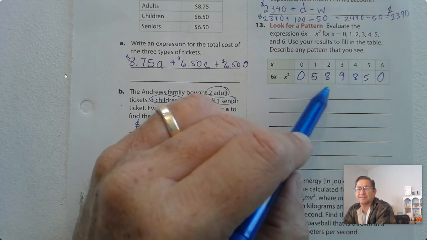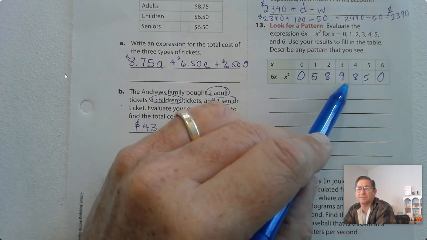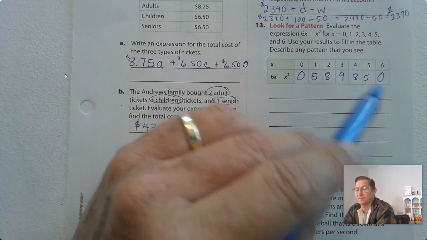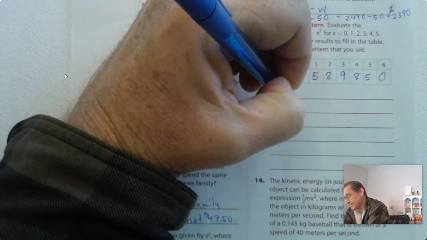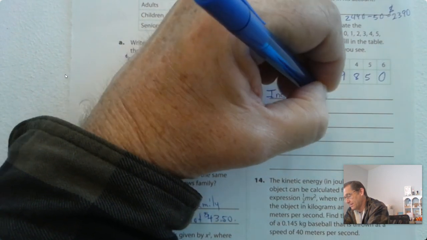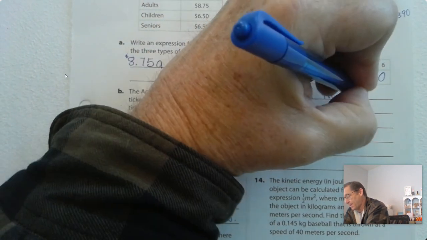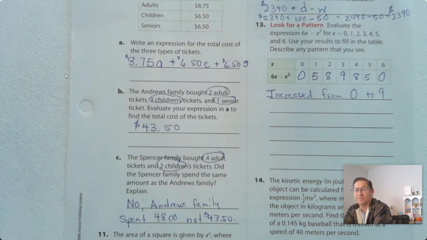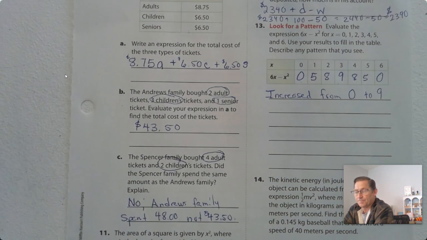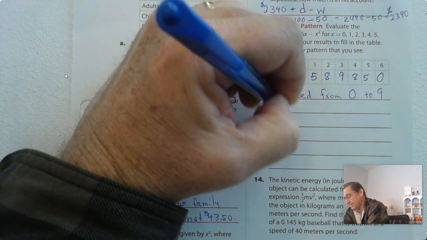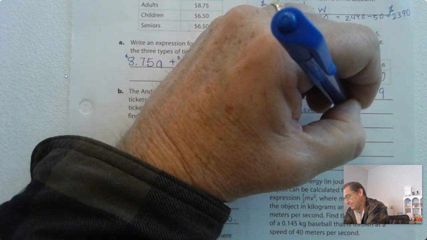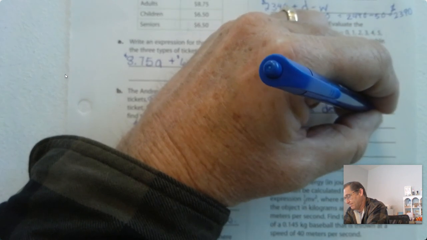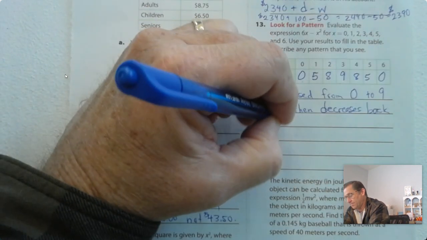So it looks like it's just kind of opposite. Okay, so it looks like it increased from 0 to 9, and then decreases back to 0.